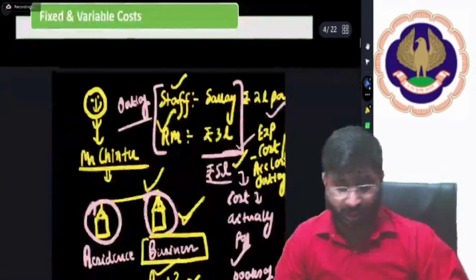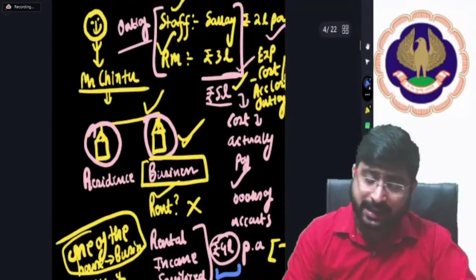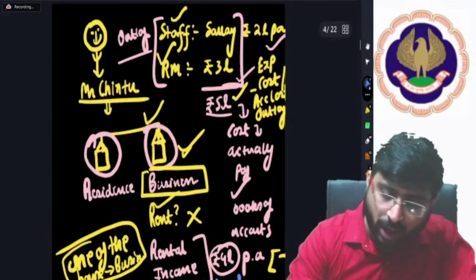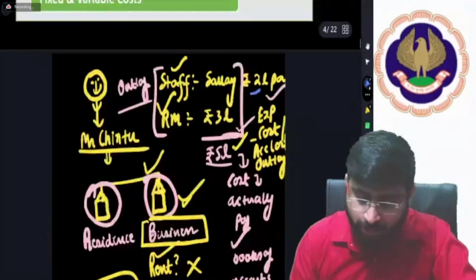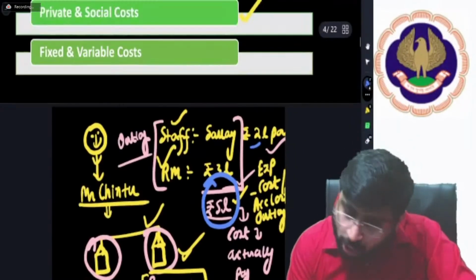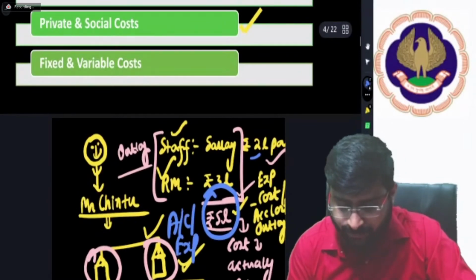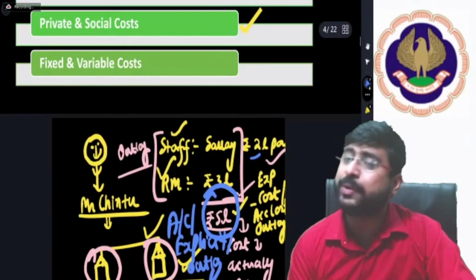Now see, here rental income could have been 4 lakh rupees, okay? And the cost of 3 lakh and 2 lakh on salary, 5 lakh. Now you see, this 5 lakh was actually paid. So it is accounting cost, or it is explicit cost, or it is outlay cost, because it had actually to be given.